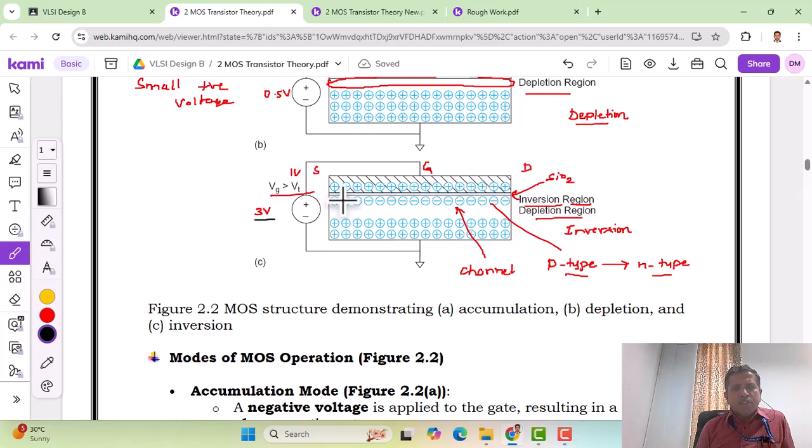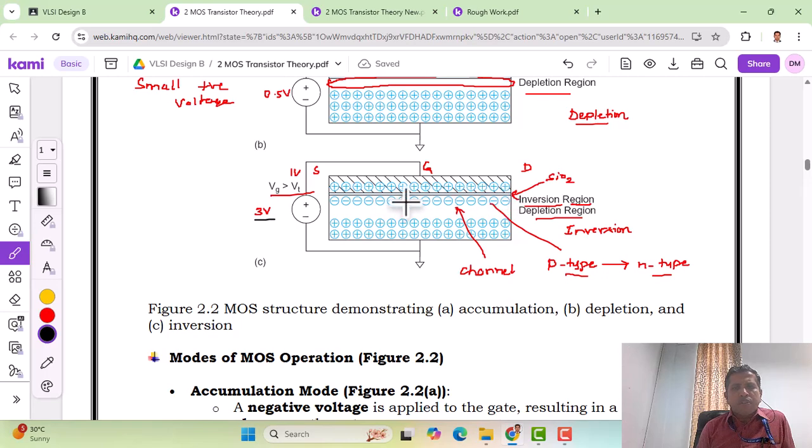Now we can see the changes that happen beneath the silicon dioxide, in the body region. The positive voltage on the upper plate attracts the negative charges, which are the minority carriers in the p-type body, and those minority carriers are attracted below the silicon dioxide layer, and this forms the inversion layer.